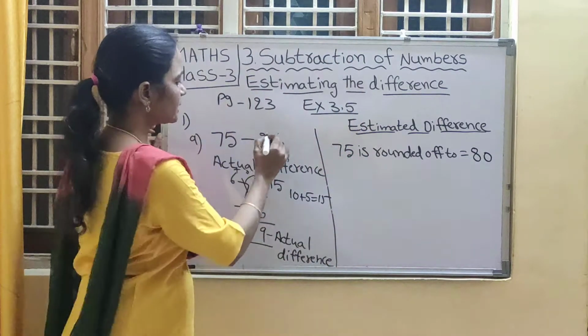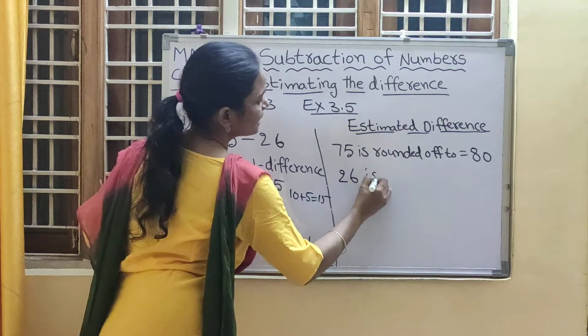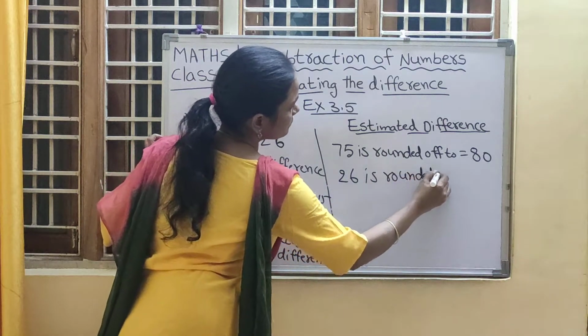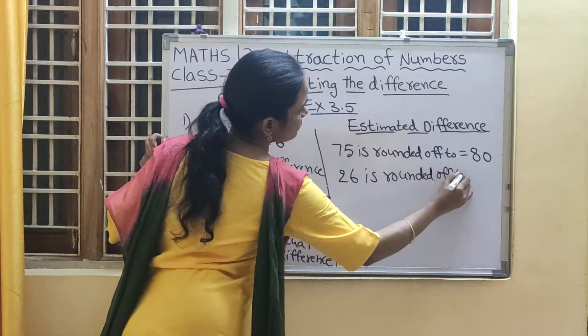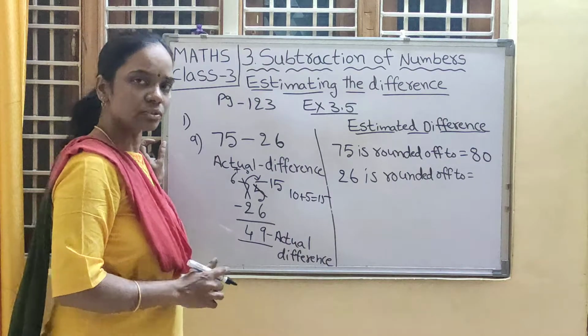Next, coming to the 26. 26 is rounded off to, 26 is nearest to which number?